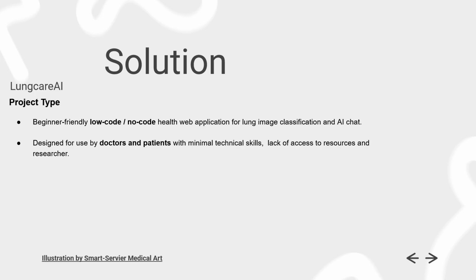And our solution is a low-code or no-code environment for people to check their lung image, either CT scan or histopathology. So the low code is our web application, and the no code is the Azure environment. It is designed for doctors and patients with minimal technical skills.